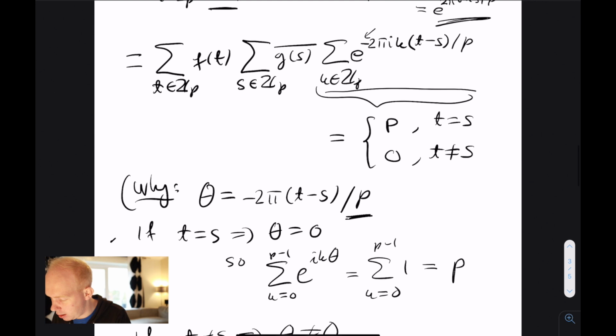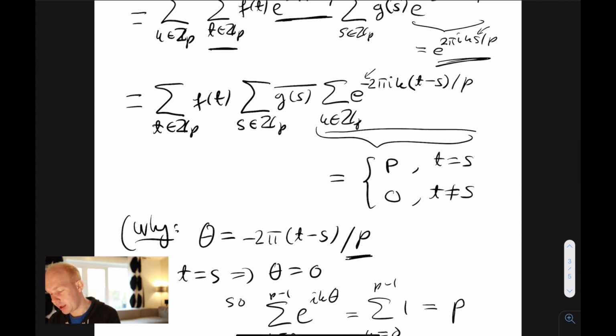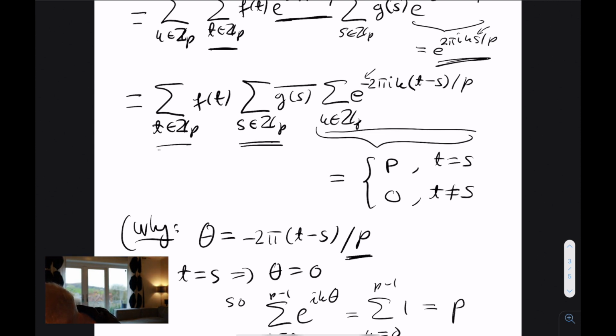This is equal to p at the points where t is equal to s, and 0 at the other points. So once you fix your t over here, there's only one term where this is non-zero, and that's when s is equal to this t that you have fixed. Then you can get something non-trivial.